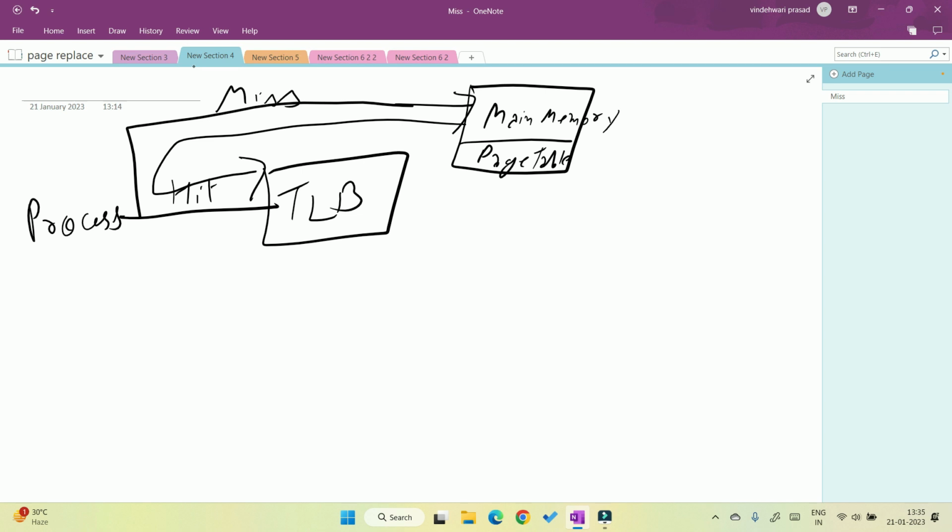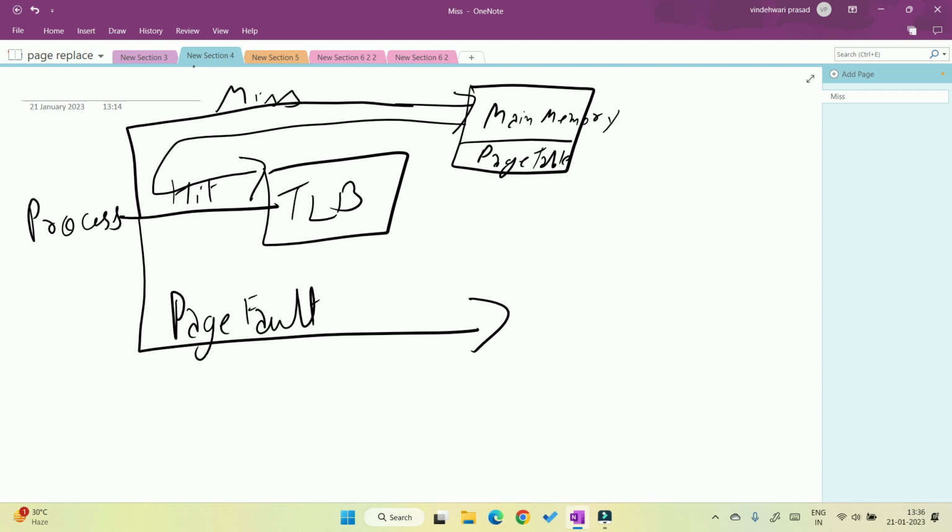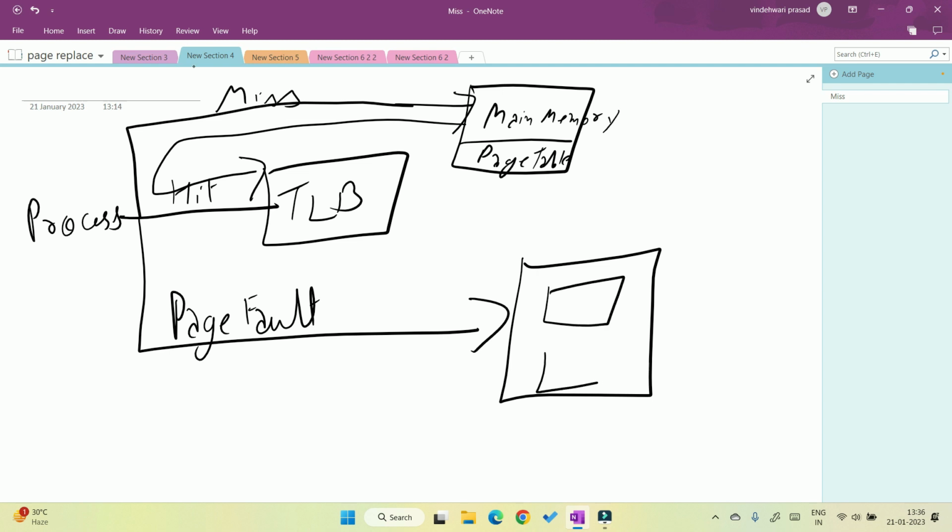And if that page is not present in the main memory, then this is called a page fault. What is a page fault? Page fault is that condition in which the page frame is not present in the main memory, and the process goes to the secondary memory to get its page frame, which is called swap.